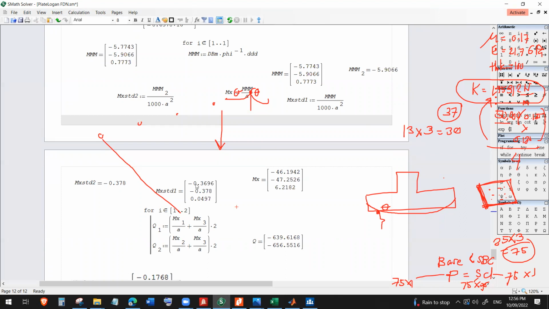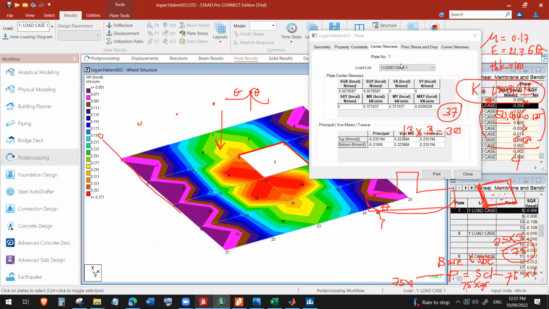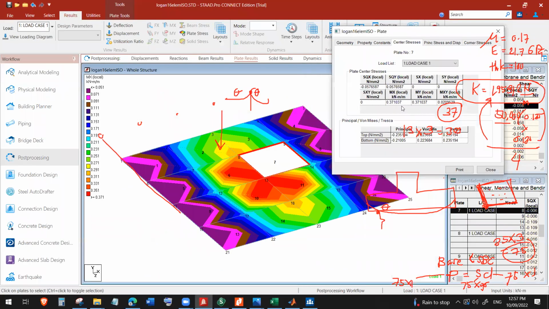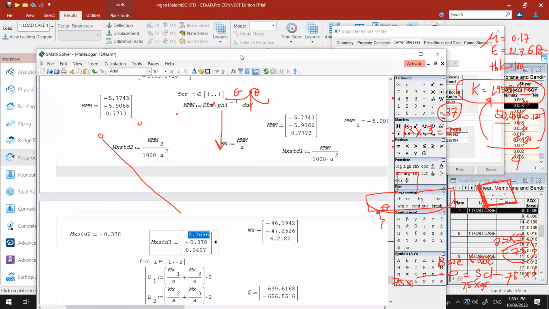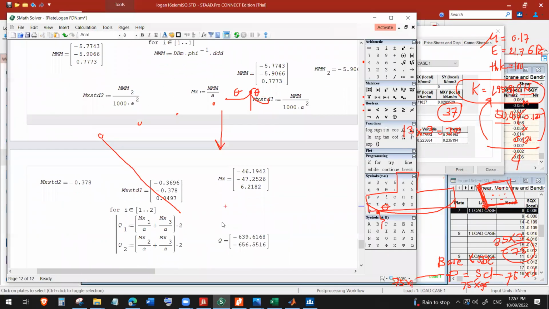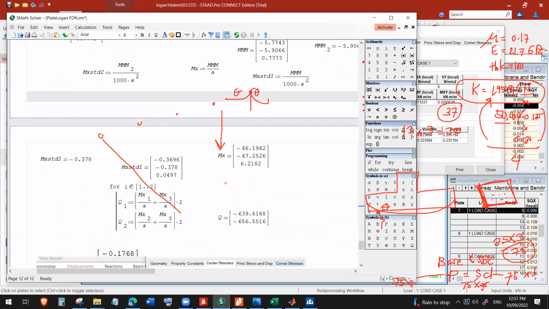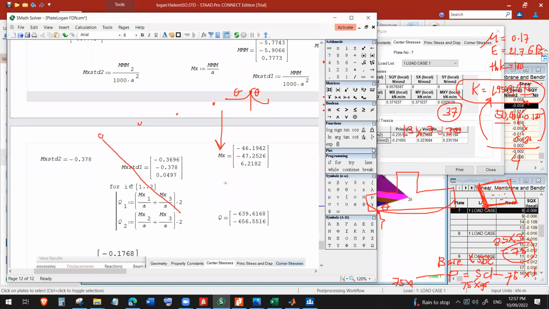Okay, so 0.37, almost the same. So we should get about 0.37 kilonewton meter per meter. And as you see, it's almost the same moment value.